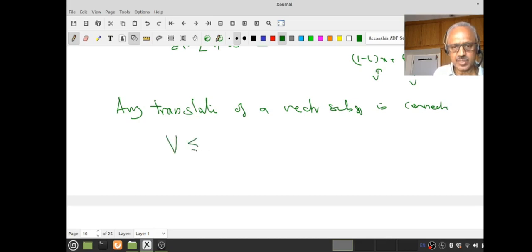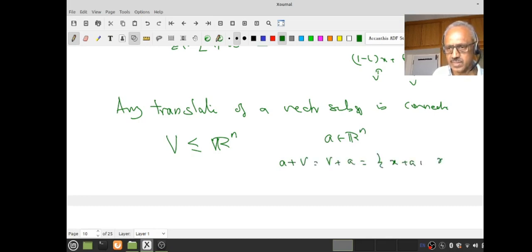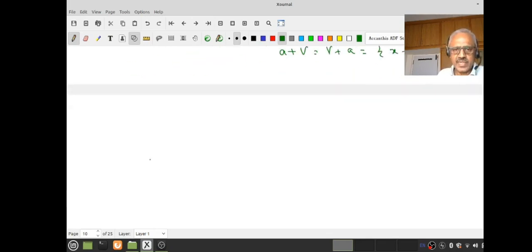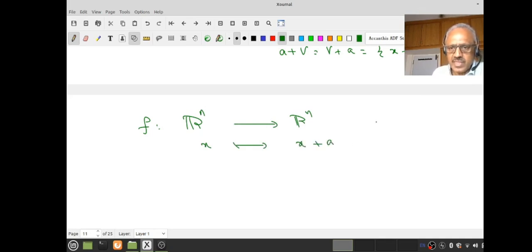If V is a vector subspace of Rn and we fix a point a in Rn, then the translate is a plus V, which is the same as V plus a, the set of all points x plus a as x varies over V. And why is this connected? Let's look at the map f from Rn to Rn given by x going to x plus a. This is a translation map.